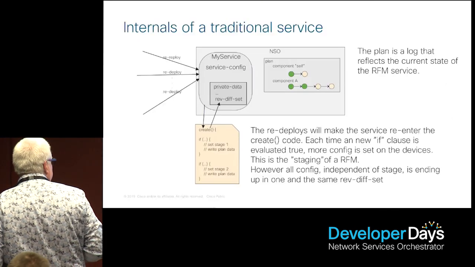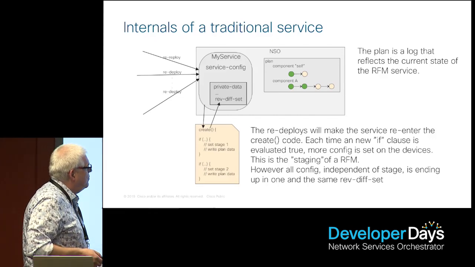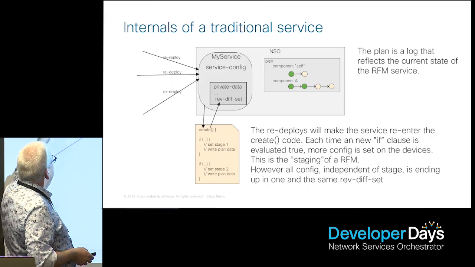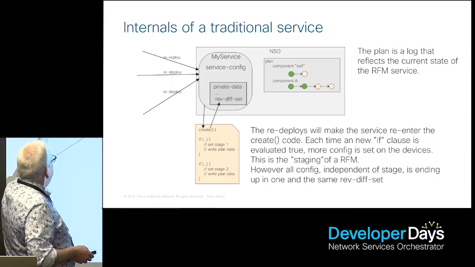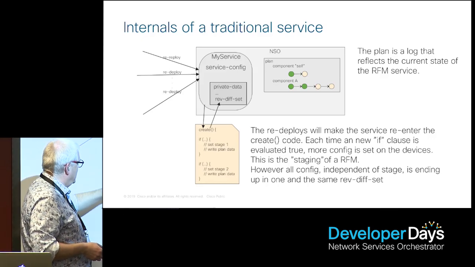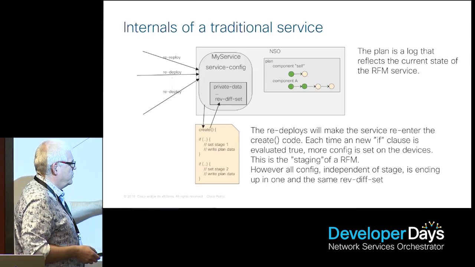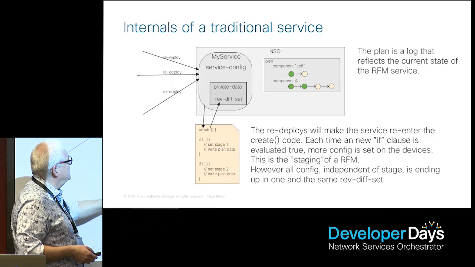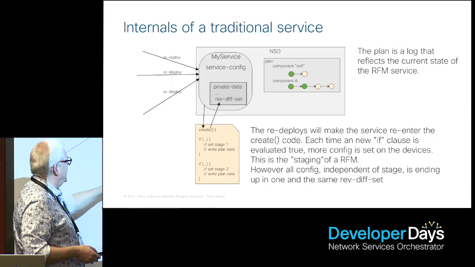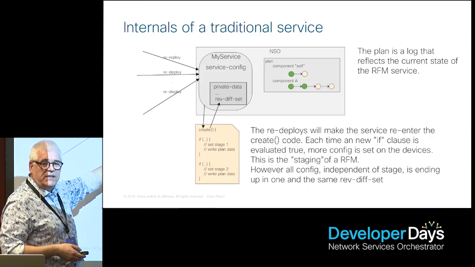Looking at this picture again, this is actually just pointing out that we had all this before, but if we do redeploys, we just execute the create callback, and we go further and further into that. But what we do is that we calculate, as Fastmap dictates, the reverse diff set of this mapping.